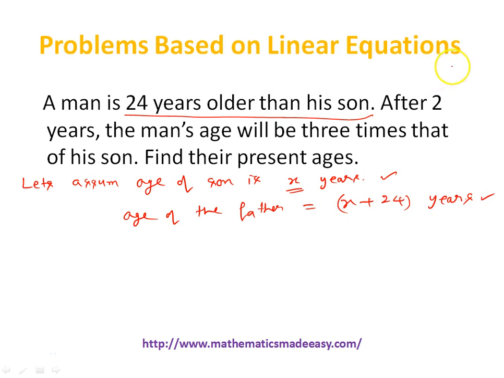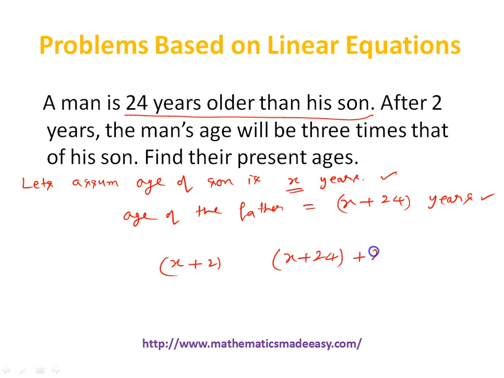Now the next clause says after 2 years the man's age will be 3 times that of his son, right? So if the age of the son is x and the age of the father is x plus 24 today, then after how many years? 2 years. So after 2 years the age of the son would be x plus 2, right?